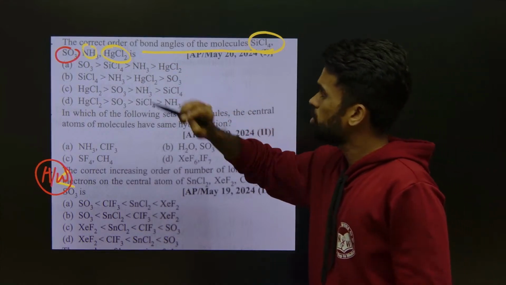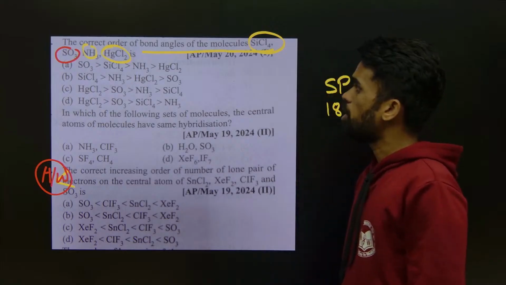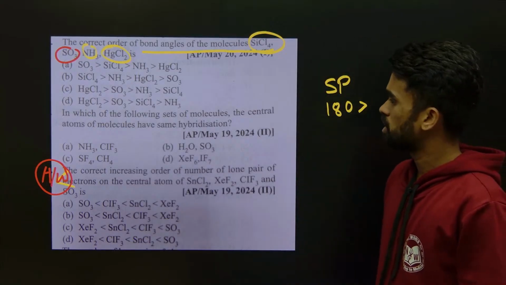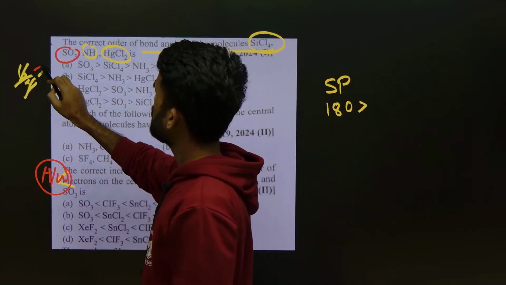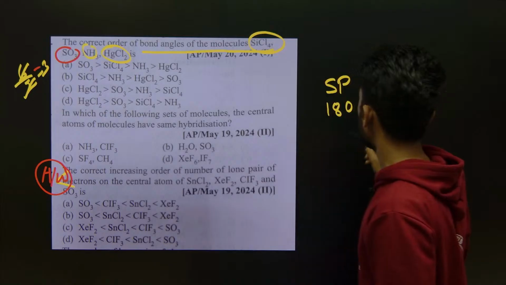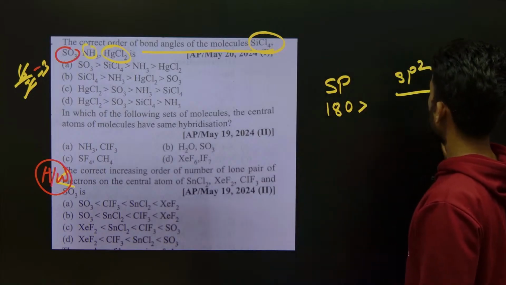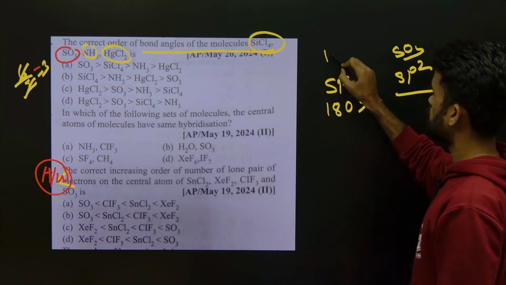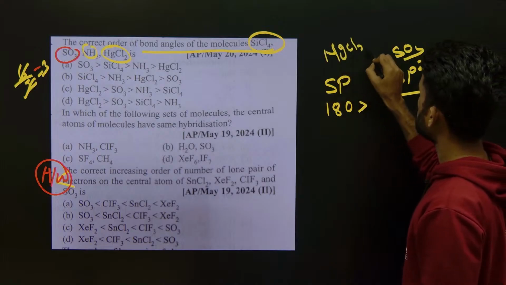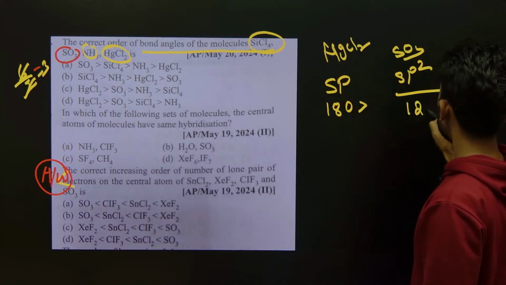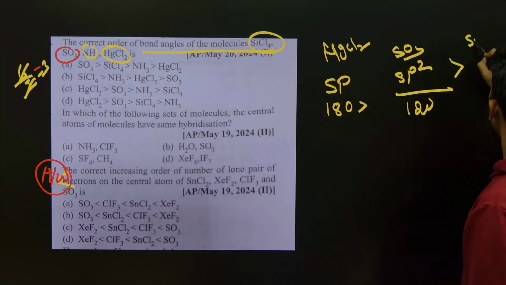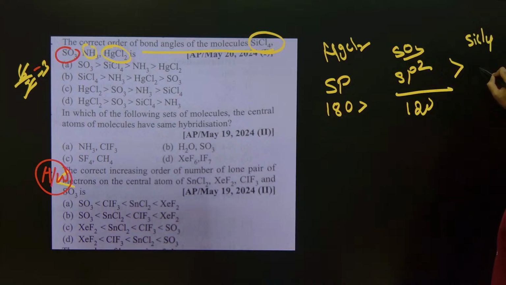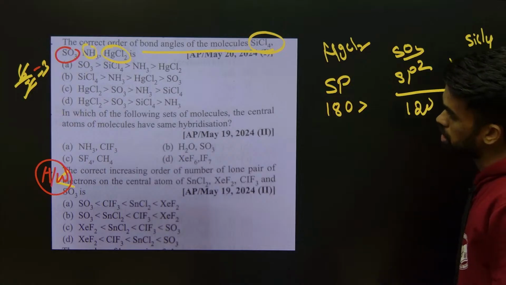Next, ammonia and SO3: ammonia is pyramidal, 107 degrees, and SO3 is 6/2 = 3, so it will have sp2 hybridization, which is 120 degrees. After this, SiCl4 has tetrahedral geometry with sp3 hybridization, 109.5 degrees. That is it, we got the answer.